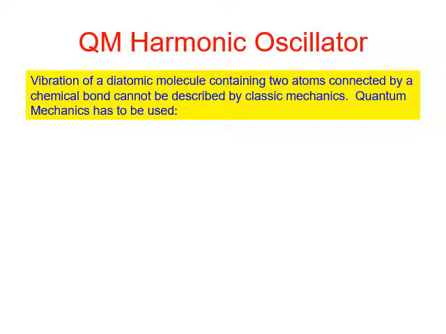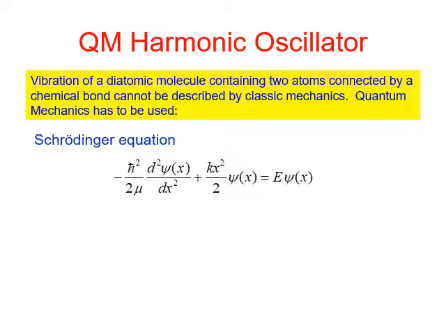Having looked at the classical mechanics of the harmonic oscillator, now we turn to quantum mechanics, because we know at a molecular level quantum mechanics has to be used. So here is the Schrödinger equation, where we have the kinetic energy operator, which is a second derivative. Now note that this is the reduced mass of the two-body system.